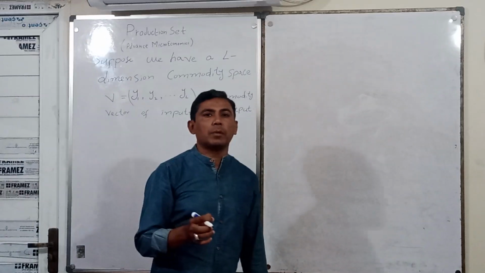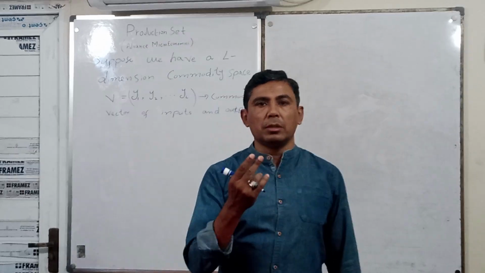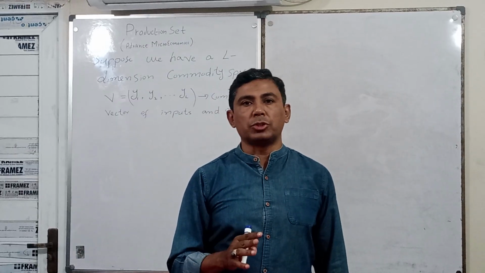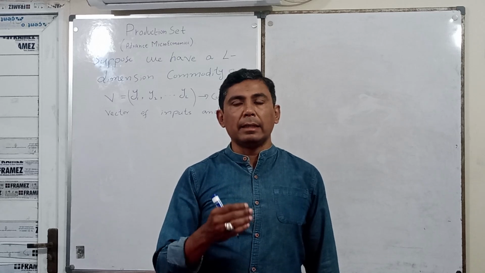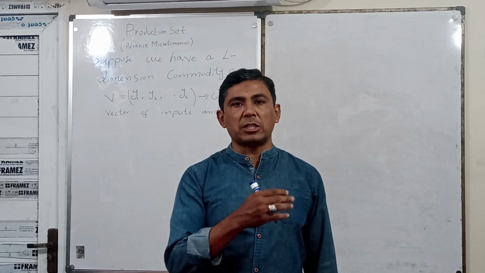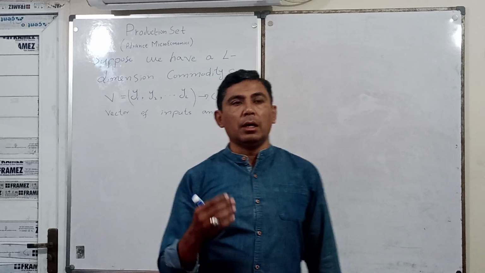What does it mean? In this commodity vector, we have inputs and outputs, and inputs and outputs are choice variables, and we try to explain in the dimension of L space.